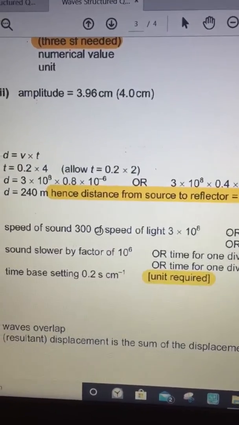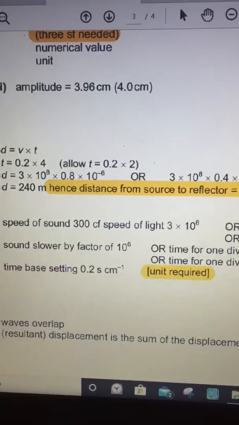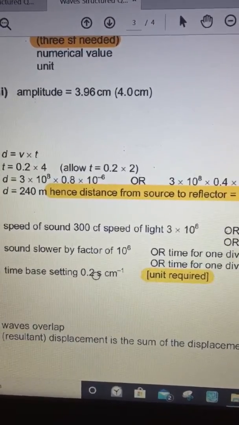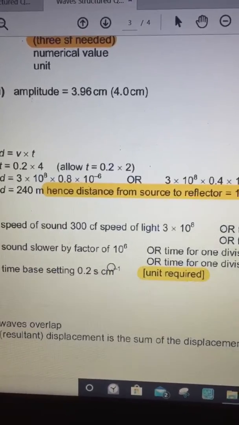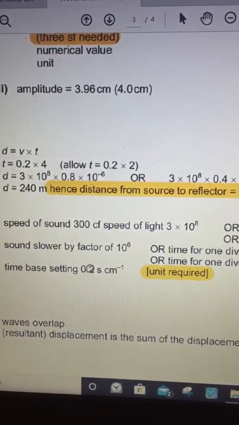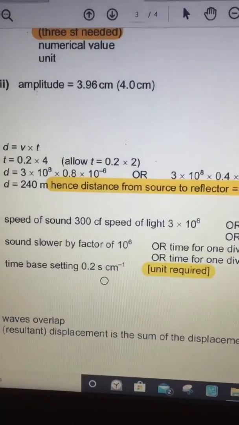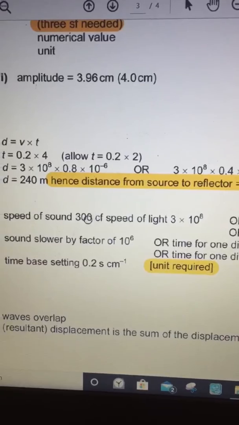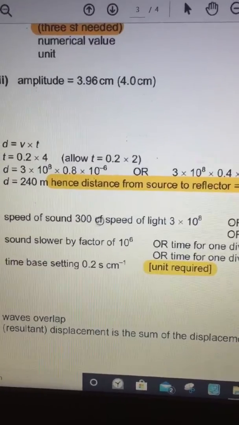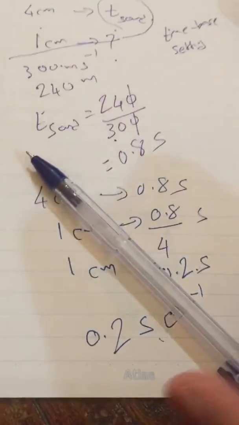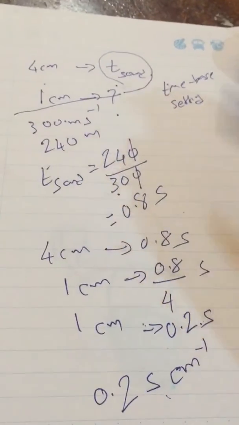When the speed becomes 1 over 10 to the power 6 times, the time becomes 10 to the power 6 times. For the radio wave it is 0.2 times 10 to the power minus 6 seconds, microseconds. Here it becomes 10 to the power 6 times, so it becomes 0.2 seconds. But this method would have been quite difficult if they had given the speed of sound as 340. Even then, the usual method would still work.